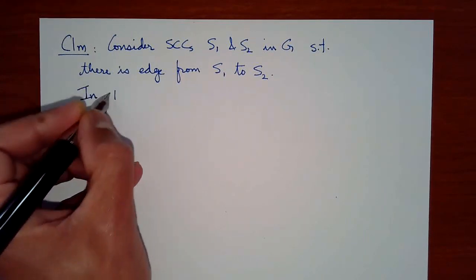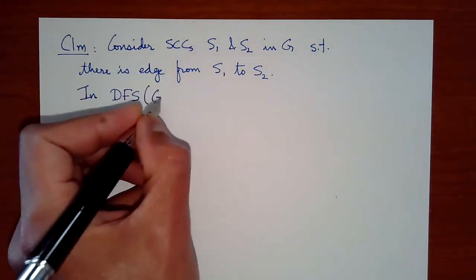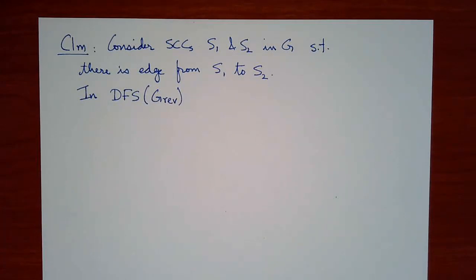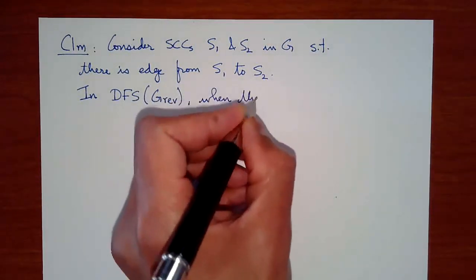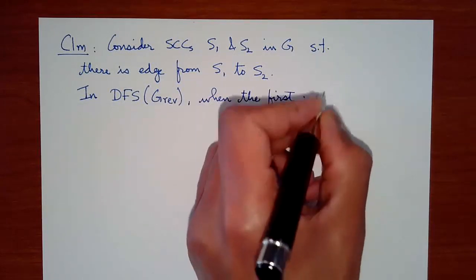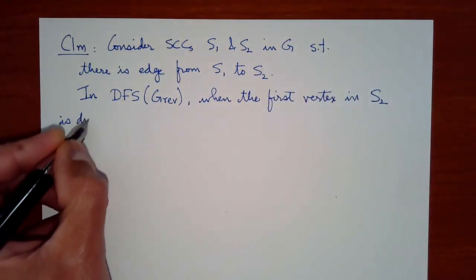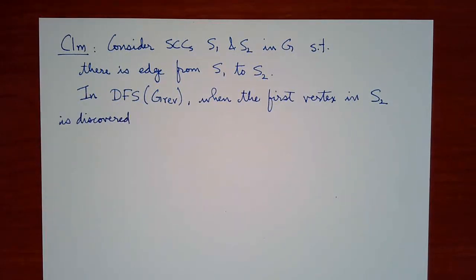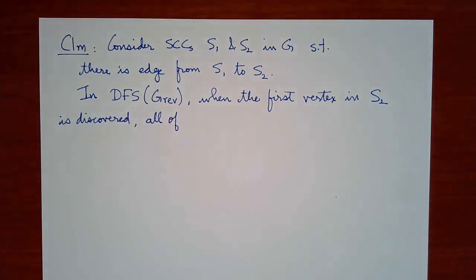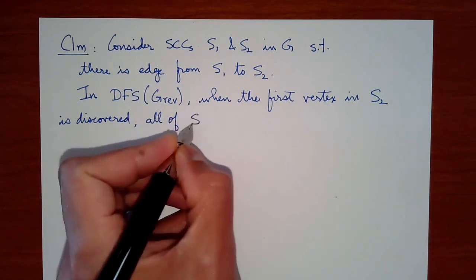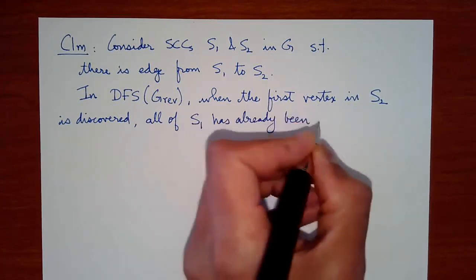Okay, in the DFS of G reverse, when the first vertex in S2 is discovered, all of S1 has already been discovered.